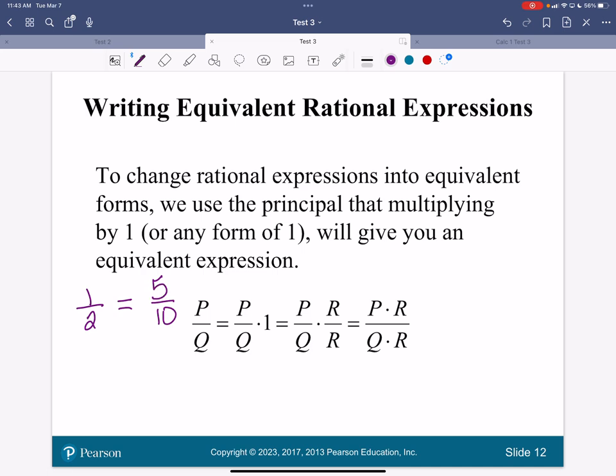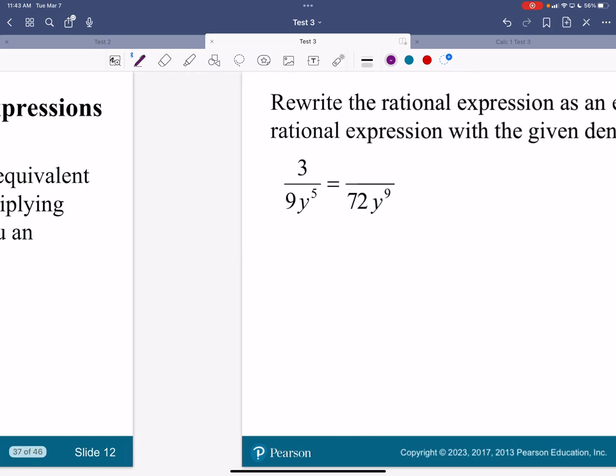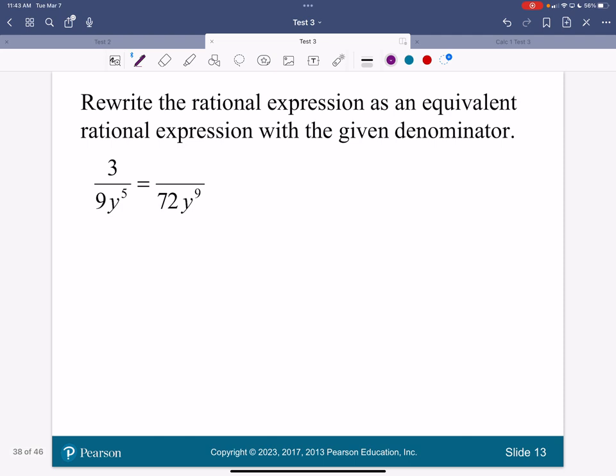So I'm going to have to do that now when I start adding and subtracting unlike denominators. So let's do a couple of these before we really get into adding and subtracting unlike denominators. Here's the first one that I'm going to do. So I've got 3 over 9y to the 5th.